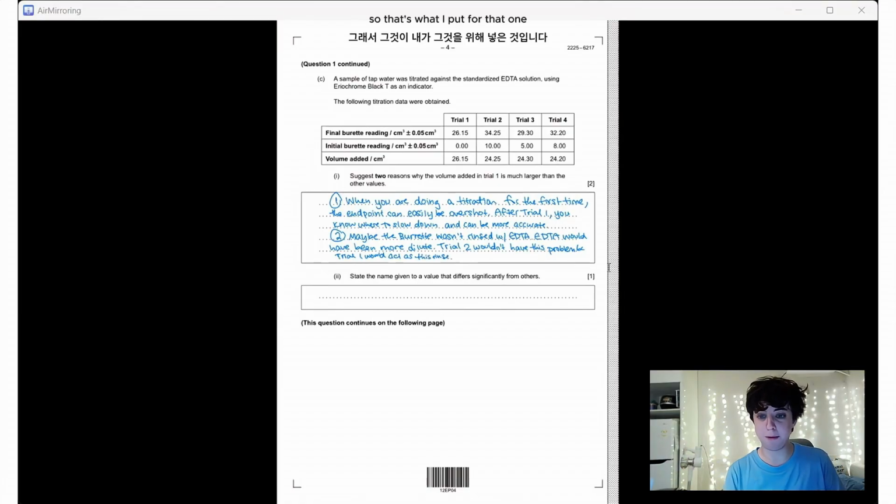So that's what I put for that one. I'm also putting screenshots, because the mark scheme has many options.